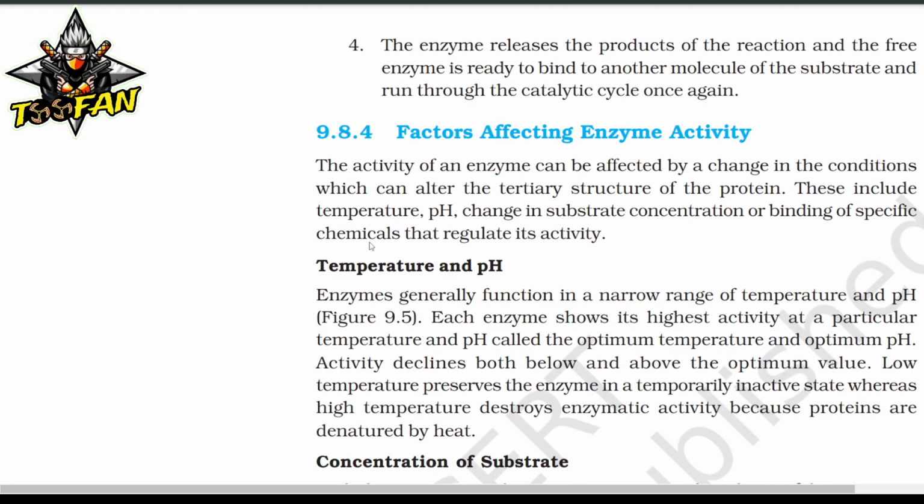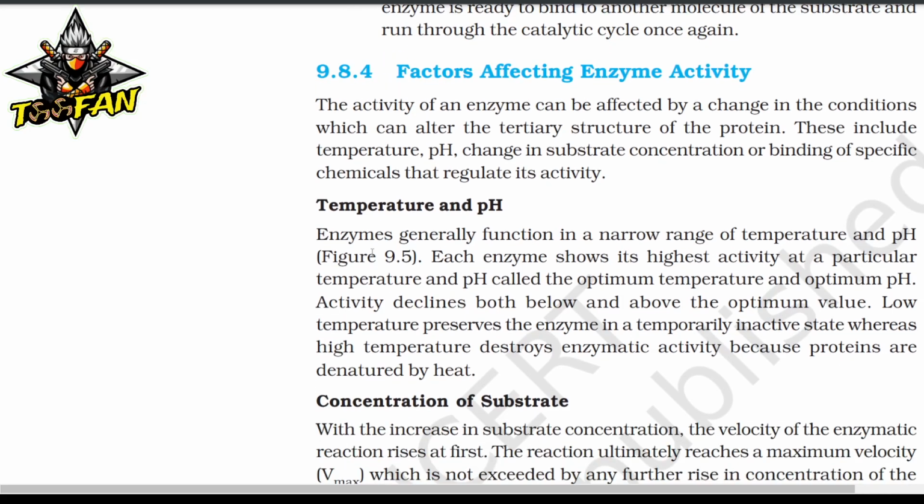Now, factors affecting enzyme activity. The activity of an enzyme can be affected by changes in conditions which can alter the tertiary structure of the protein. These include temperature, pH, change in substrate concentration, or binding of specific chemicals that regulate its activity. Temperature and pH. Enzymes generally function in a narrow range of temperature and pH.